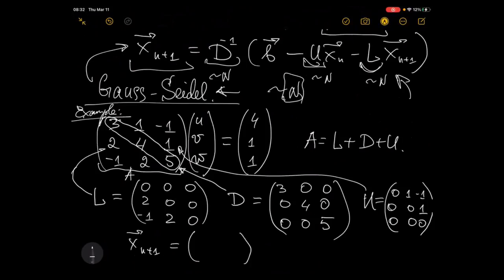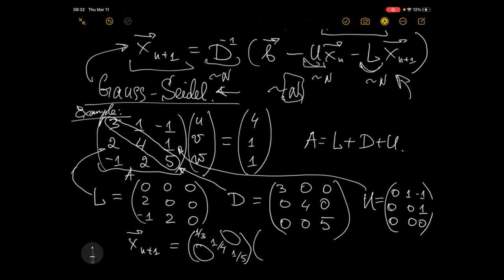Just the same diagonal matrix, with 1 over the elements on the diagonal. So 1/3, 1/4, 1/5, and zeros elsewhere.